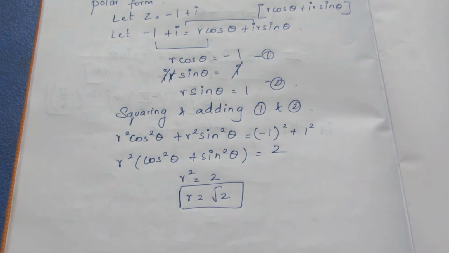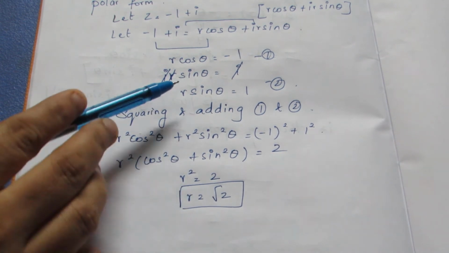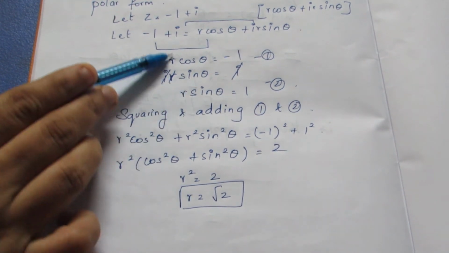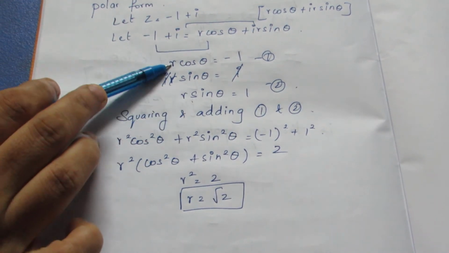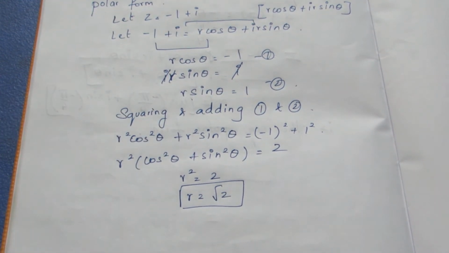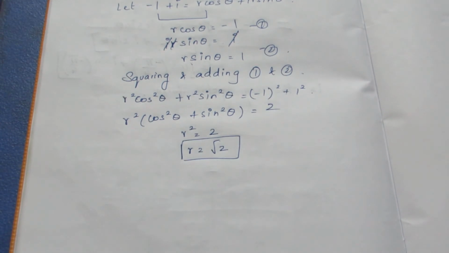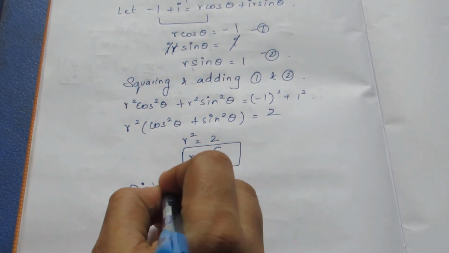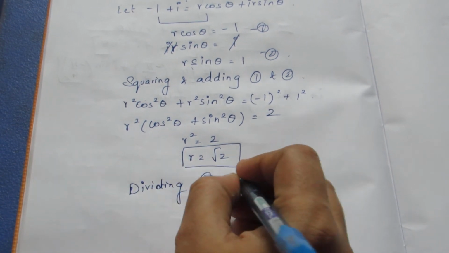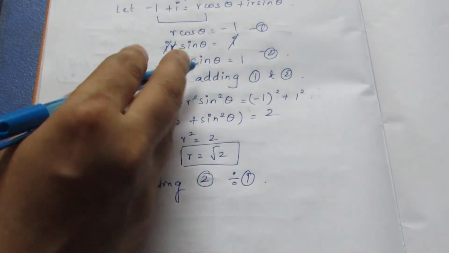Now we found the r value, we need to find the theta value. For that we need tan theta. To find tan theta, we know sin by cos is tan theta. So I am going to divide the second equation by the first one, because sin will come in the numerator.